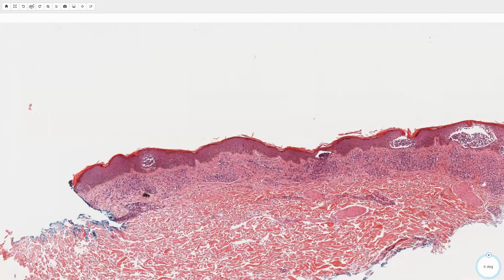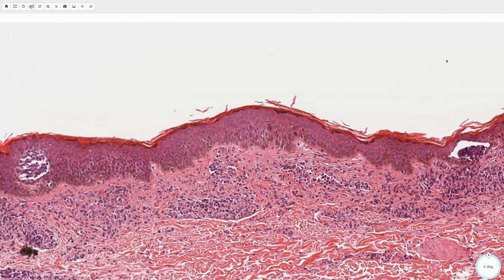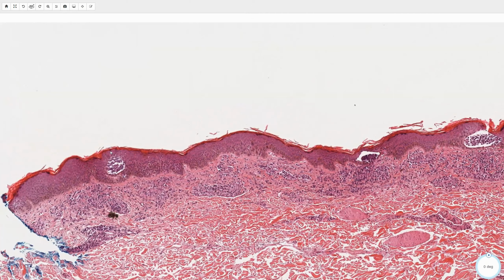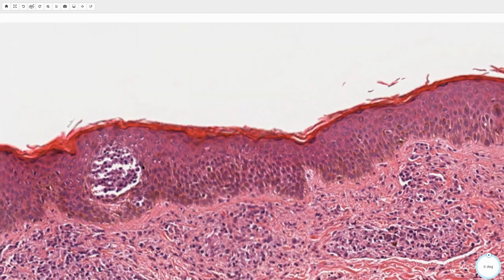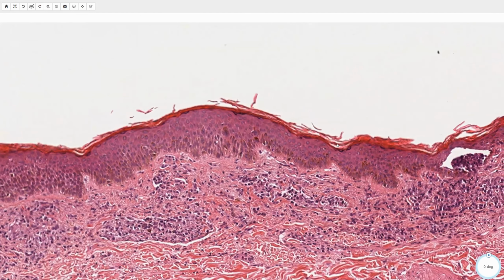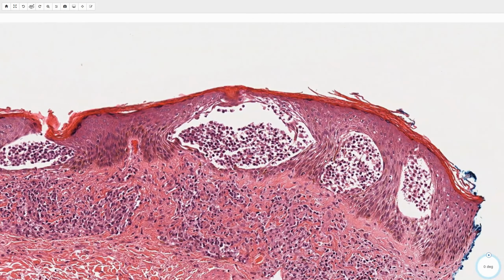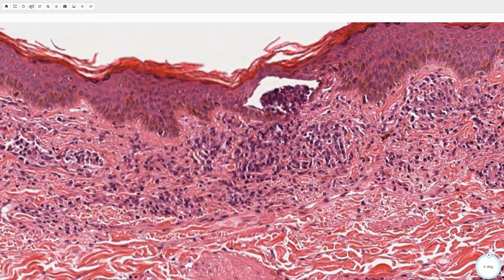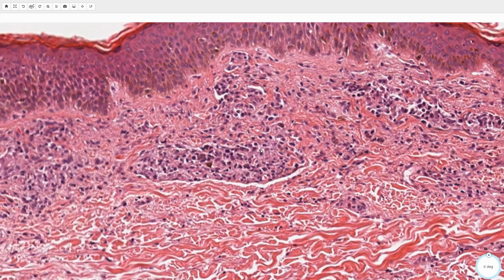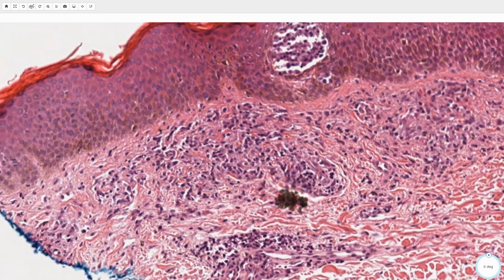And then continuing on in our differential of CD30 positive lymphoproliferative disorders is large cell transformation of mycosis fungoides. In this case, we can see, similar to our previous examples, that there are Pautrier microabscesses. So we have collections of atypical epidermotropic lymphocytes. There are a few scattered single lymphocytes at the junction, but for the most part, they're collections of these aggregates within the epidermis, and then also kind of a band-like collection of enlarged, somewhat hyperchromatic lymphocytes throughout the dermis.